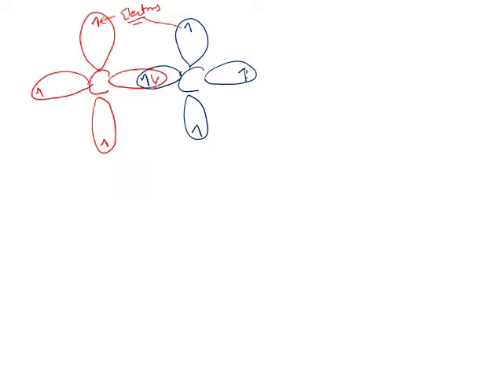I forgot to put it. So if you can see, the bond between carbon and carbon is shared equally, one electron from each side, or by overlapping, I can say, overlapping of hybridized orbitals.